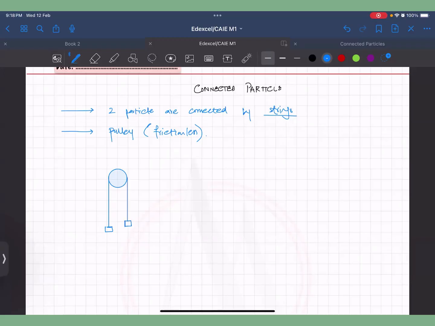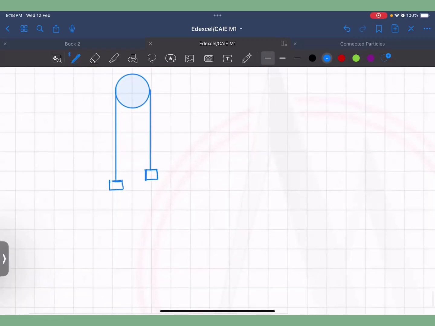If both of these particles have the same mass, what would happen? The weight of this particle would be pulling it down on the left side, and the weight of the other particle, let's suppose this is A and this is B, so both weights would be acting downwards.